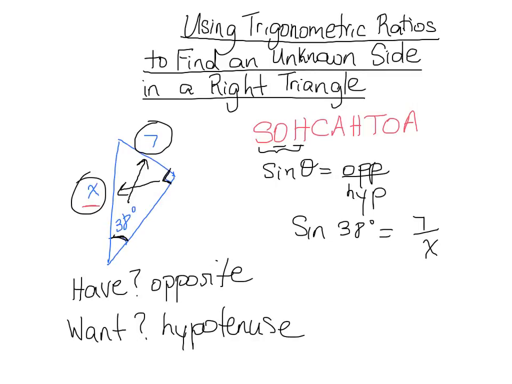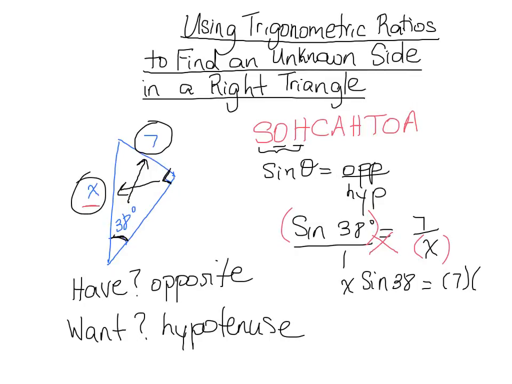Whenever we're trying to find an unknown, we can cross multiply because we have a fraction here. So we can put our sine 38 over 1 and then cross multiply. So once we multiply our sine 38 by x, we get x sine 38 equal, and then our 7 times 1 will just be 7, but I'll write it down as 7 times 1.